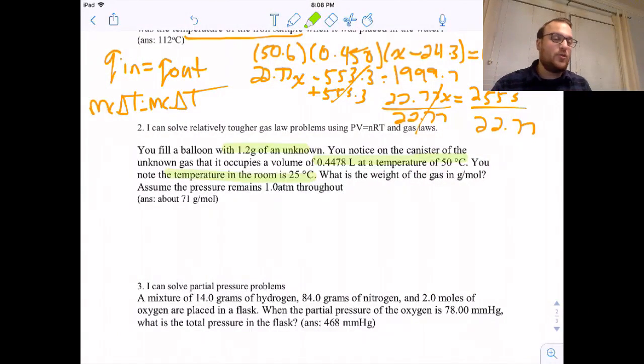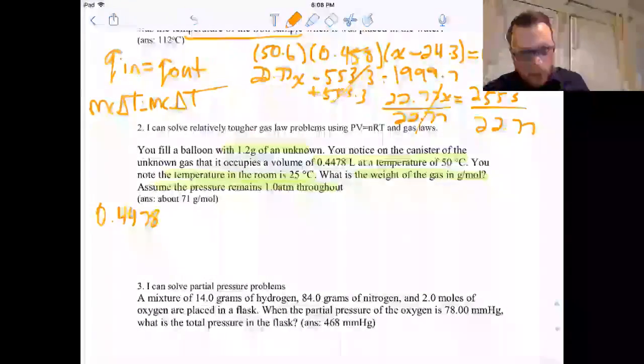So the gas went through a change in temperature. So we're going to have to do something for that. What is the weight of the gas in grams per mole? Assume the pressure remains 1 atmosphere throughout. Lovely. So since pressure is constant, we can ignore it for this beginning part, which is going to be a P1V1/T1 = P2V2/T2, where the initial volume of the gas is 0.4478 at a temperature of 50 plus 273.